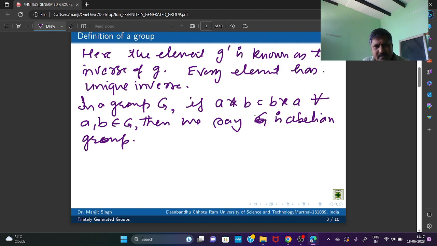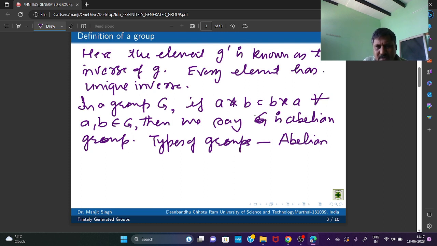So there are two types of groups we can classify in this study: abelian groups, those having the above property, and non-abelian groups. This property is known as the commutative property. A group having the commutative property is abelian, otherwise it is non-abelian.